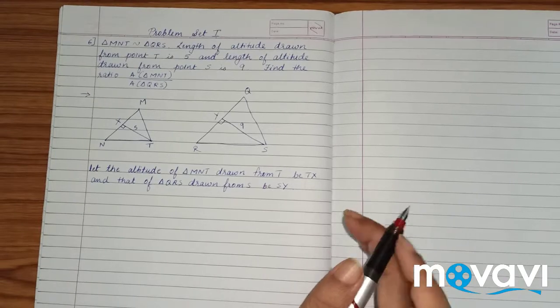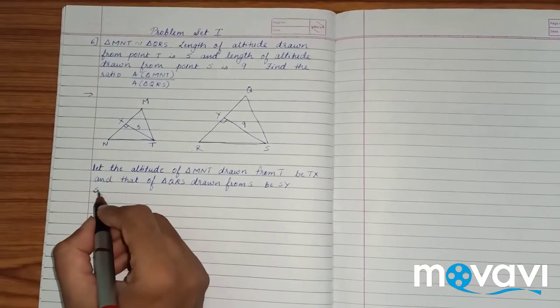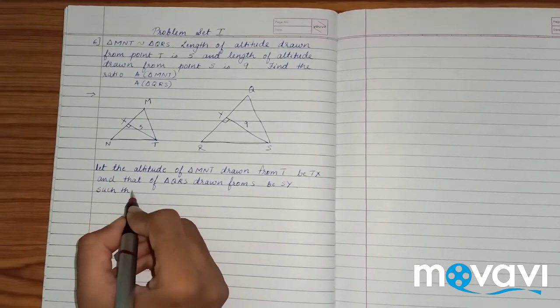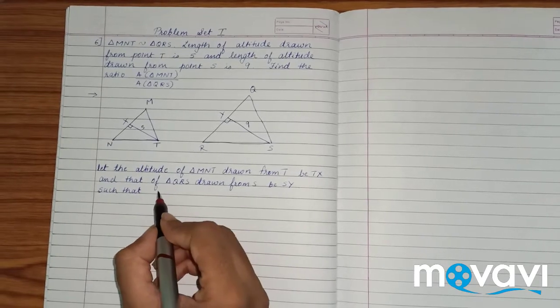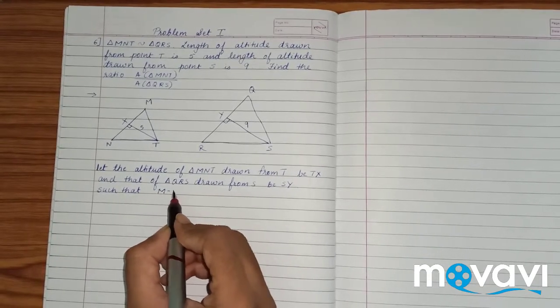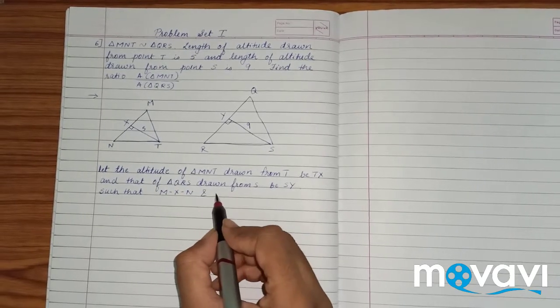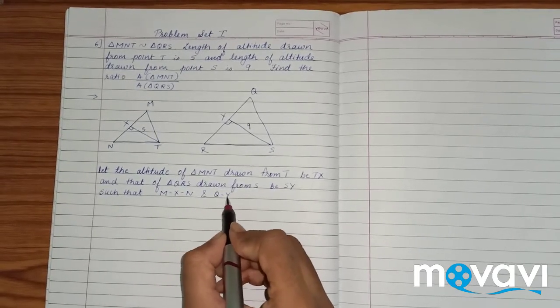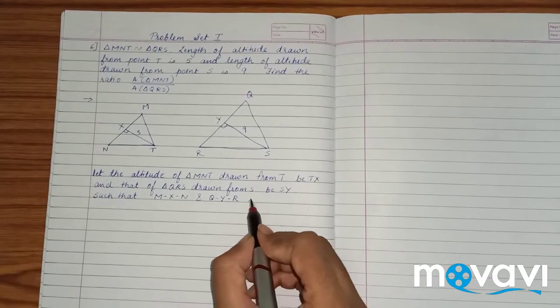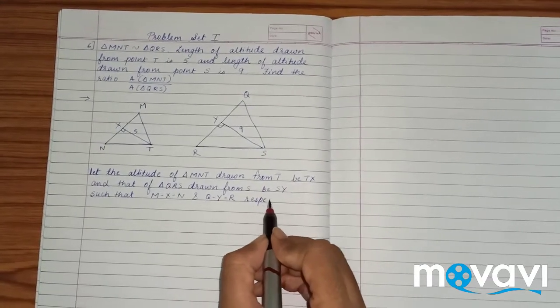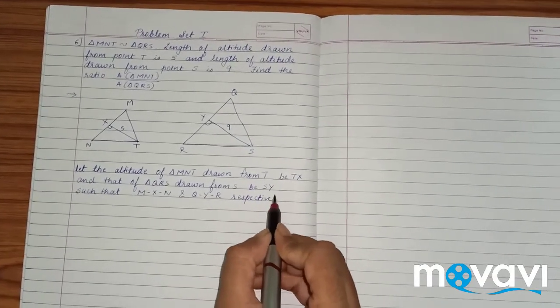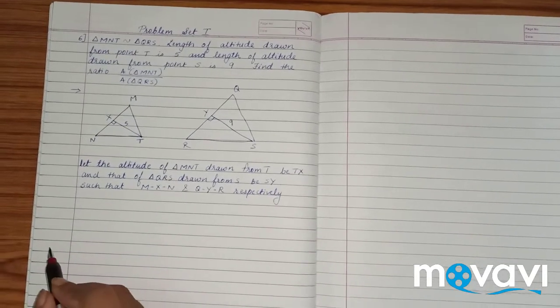Okay, and how are they? Both are such that, I'll write respectively afterwards, such that x lies in between M and N and y lies in between Q and R. I'll write here respectively because I am talking for two triangles. Okay, respectively.